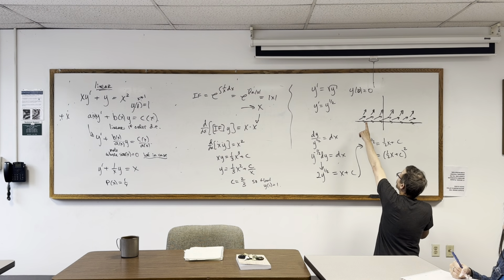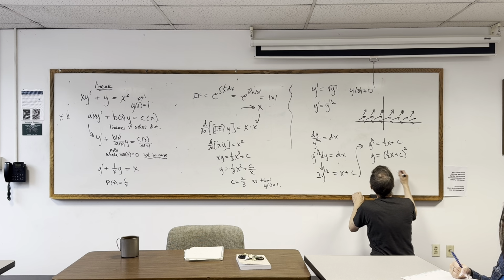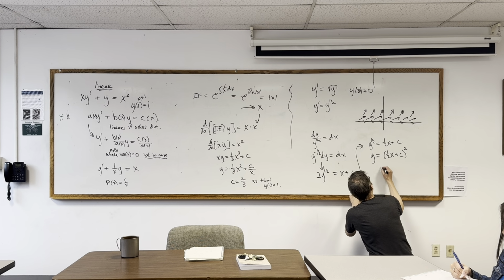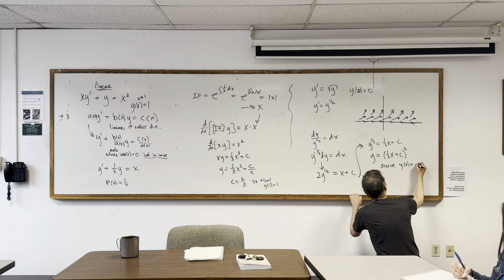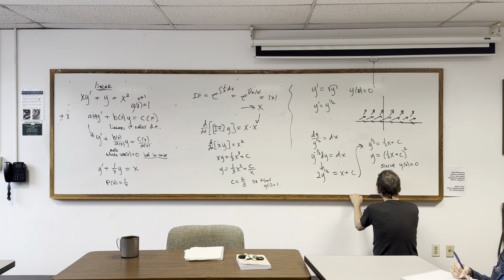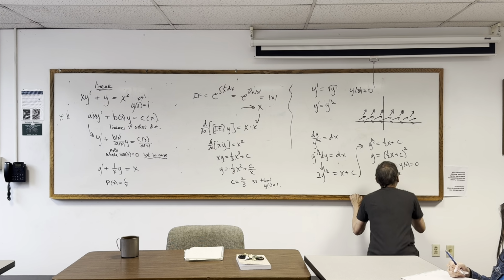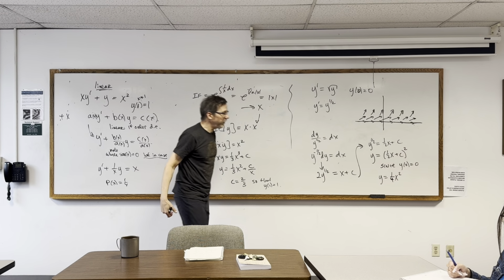If I look at my initial condition now, c has to be 0. So since y, when x equals 0, is 0, the solution is this. And so you simplify it out, and you get 1/4 x squared, actually, if you just distribute the square.